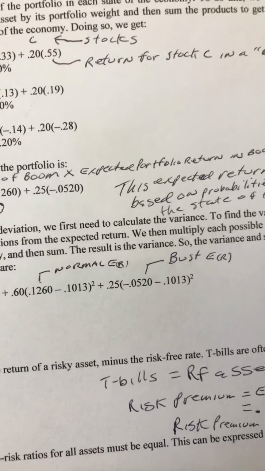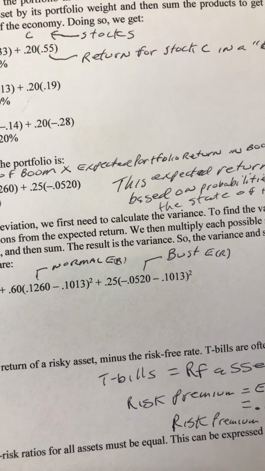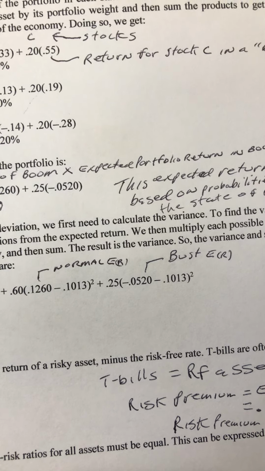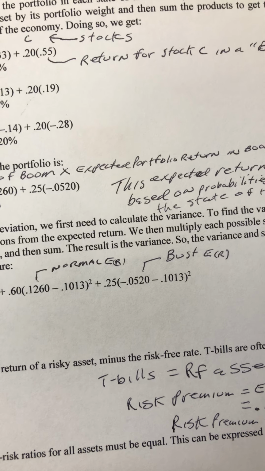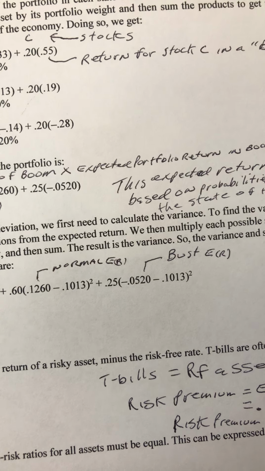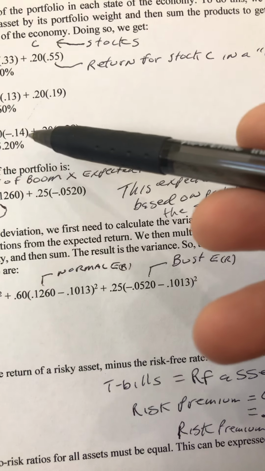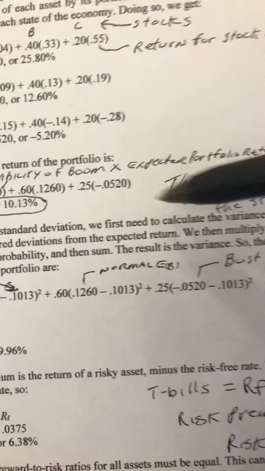And lastly, we do the same calculations for the bust scenario. The bust expected return calculated above is a minus 5.2 right here.